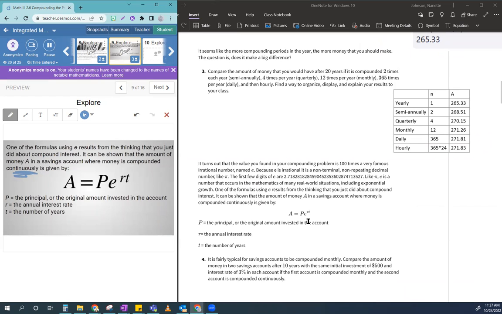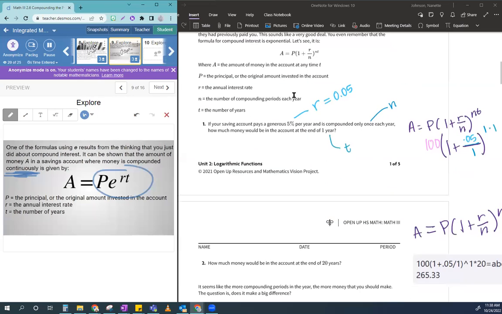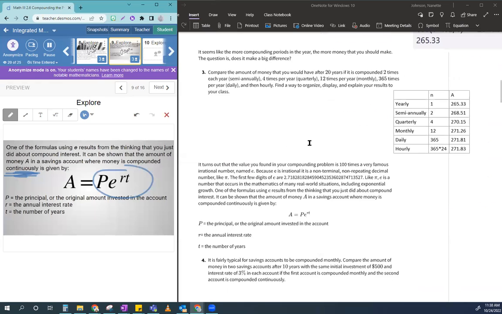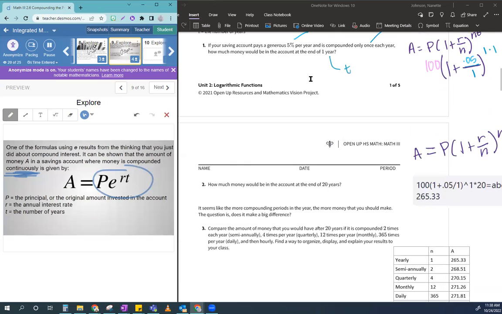And this is our new equation. So Ms. Johnson, when do I use this one? When it says the word, say it with me, compounded continuously. So if it says continuously, you want me to use PERT? Yes. P times E to the RT. So if it says compounded monthly, you want me to use this? Yeah, because the monthly tells you that the N is going to be 12. Does everybody see the difference between this equation and this equation? Okay. If you use this equation for this, it's going to give you the wrong answer, right?